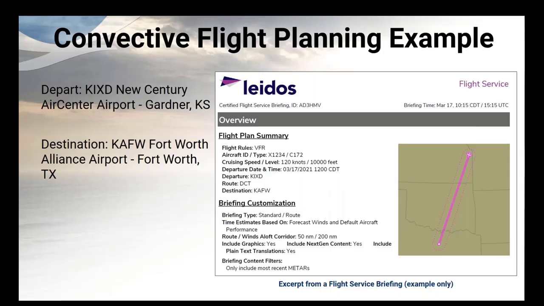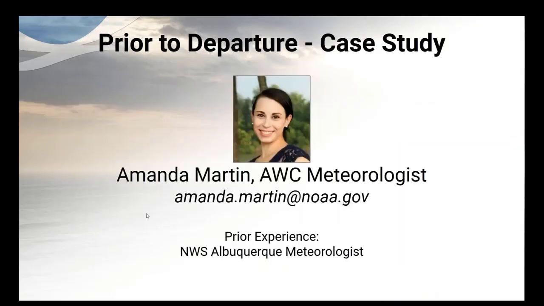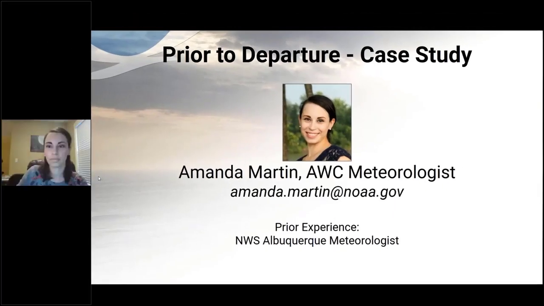So we'll go ahead and do that now. And then following that, we'll take a quick tour through the GFA on the AWC website, provided yours truly can drive a little better than I did there at the beginning. But again, we'll go ahead and start off with Amanda.